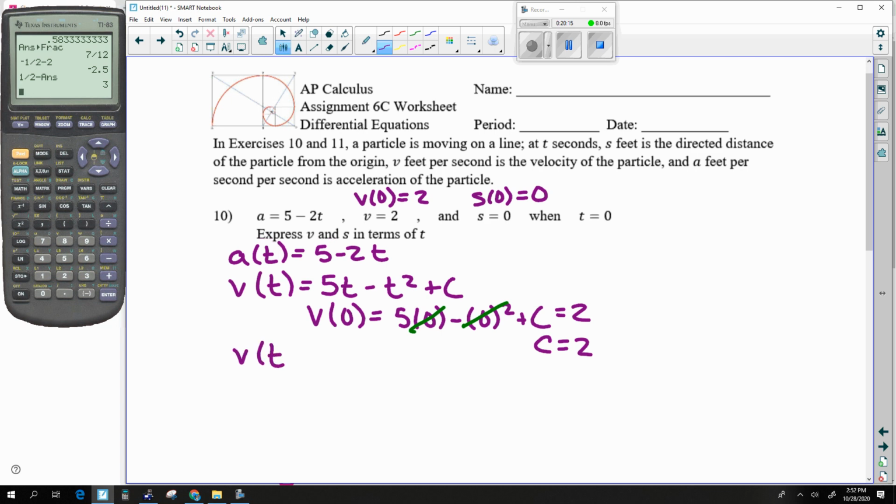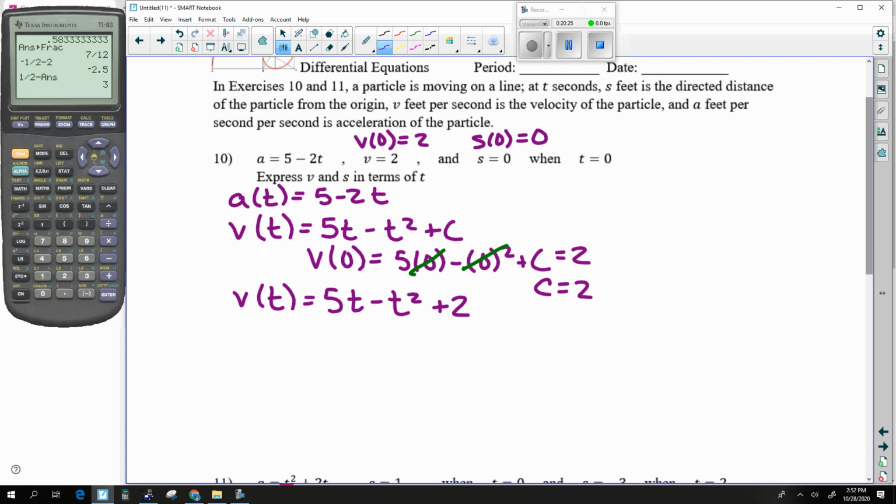So this actual velocity equation is 5t minus t squared plus 2. Now the position is the antiderivative of this. So this is going to be 5/2 t squared minus 1/3 t to the third plus 2t. And again, we get a c.